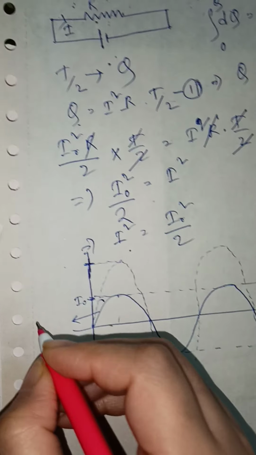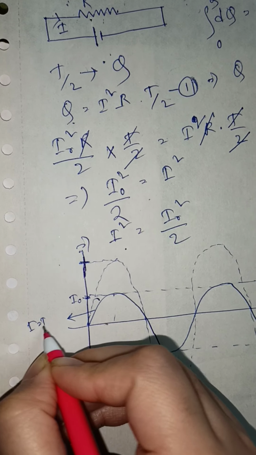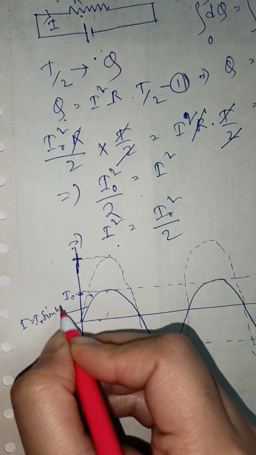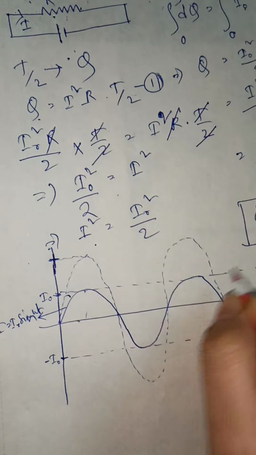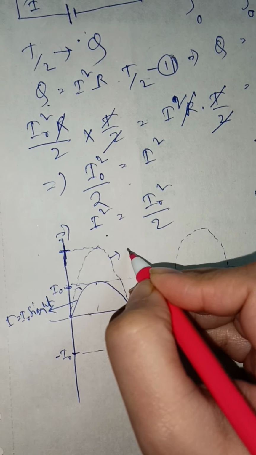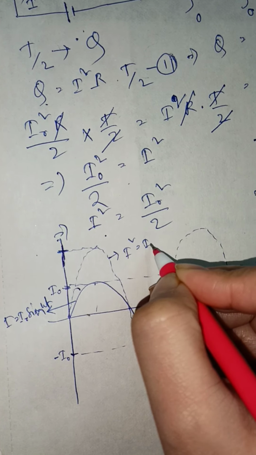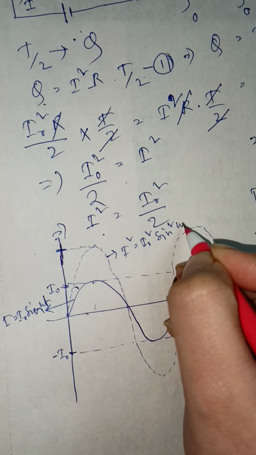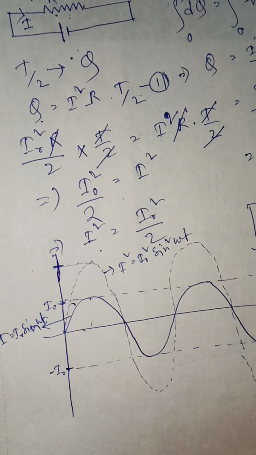This is the I equals I naught sine omega t wave, but this is the I square equals I naught square sine square omega t wave function.